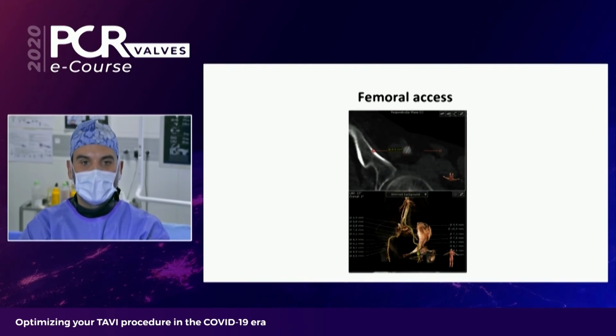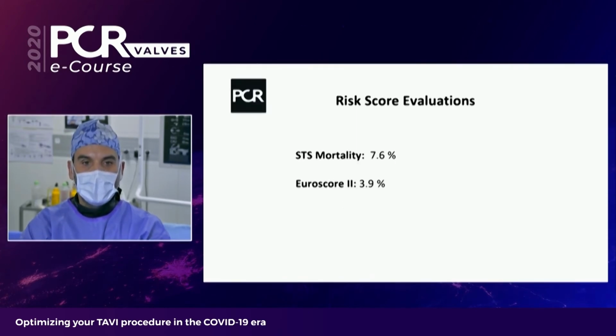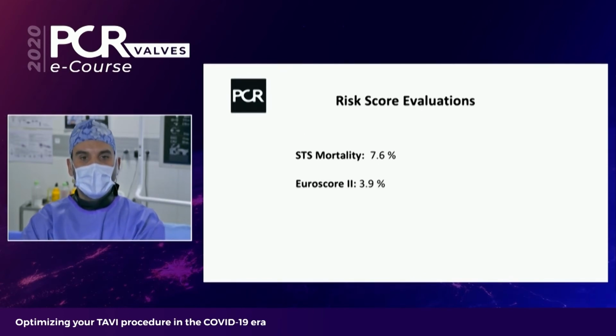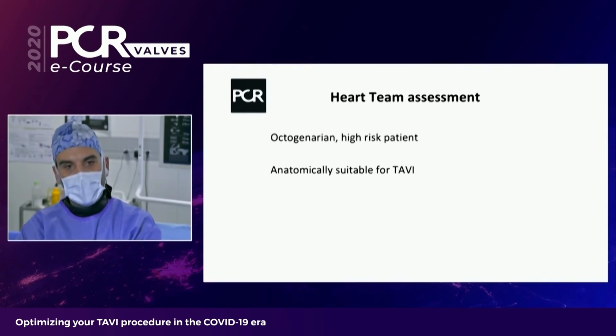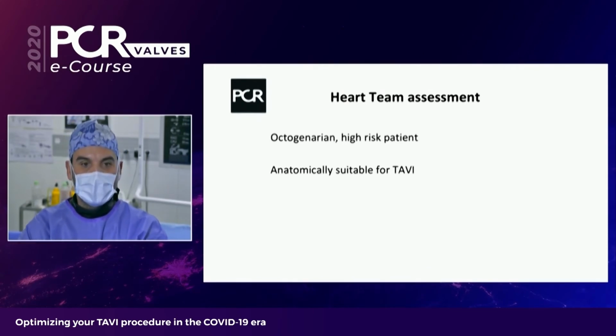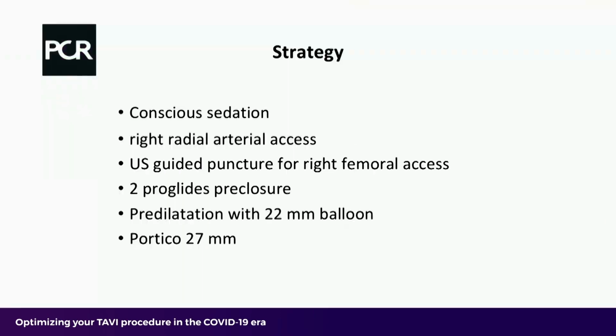So here are the risk scores, but overall the heart team assessment for this octogenarian lady with a severe respiratory condition was in accordance with transfemoral TAVI. On one side, some features consider this patient at high risk, mainly the respiratory condition, and on the other side, an anatomical assessment that is totally favorable for transfemoral TAVI.